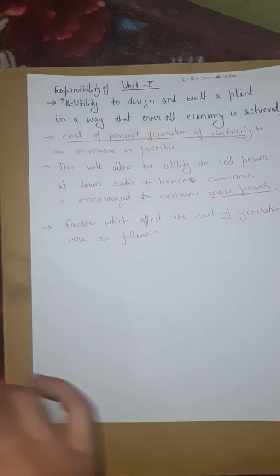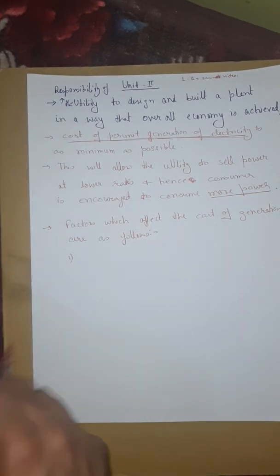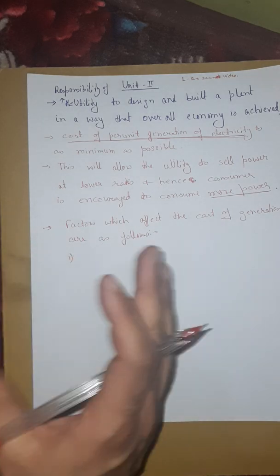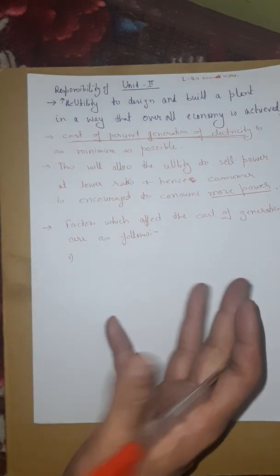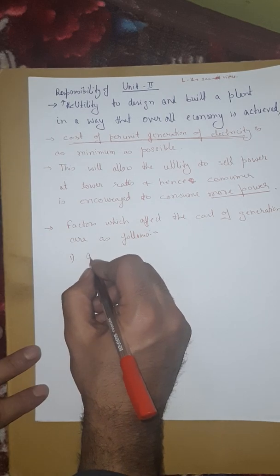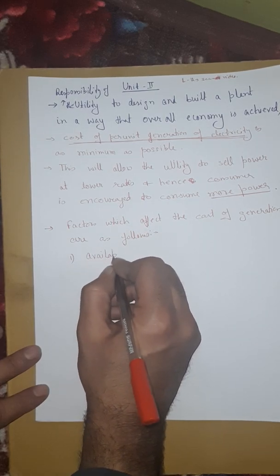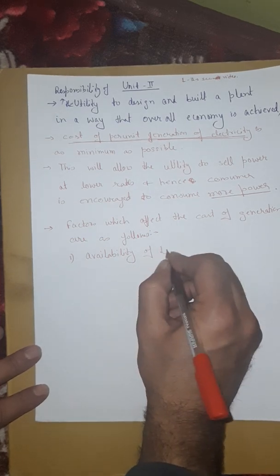So the first factor, number one. For constructing a power plant, what do you need? You need land, because you cannot construct a power plant in air. You have to construct a power plant on ground, so definitely you need some piece of land. So first, availability of land.